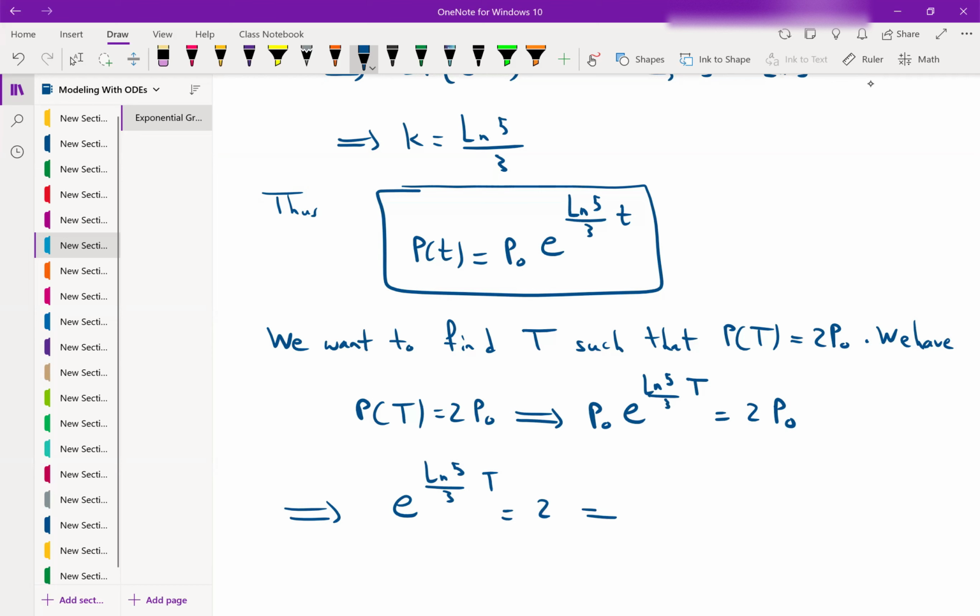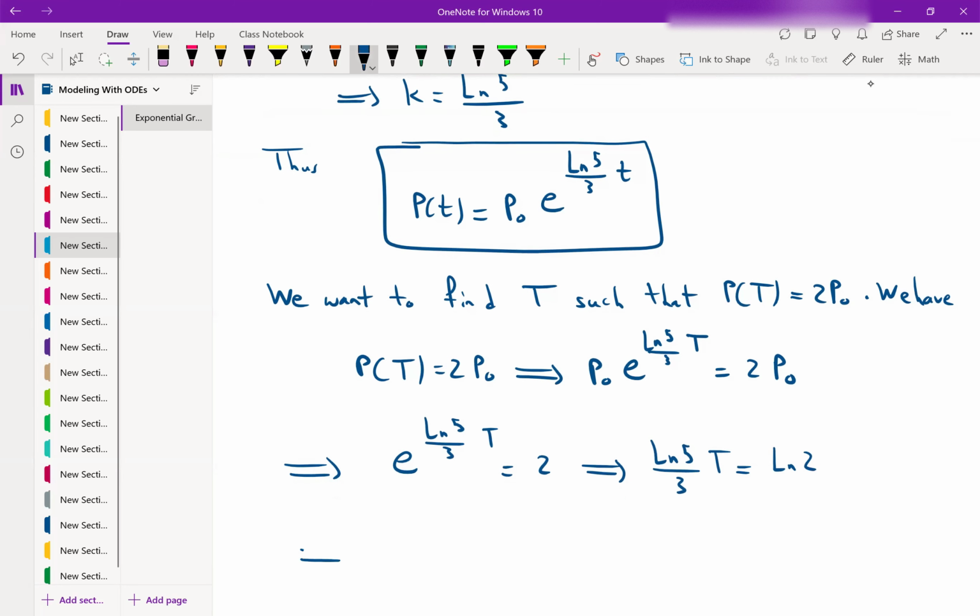And again, I'm going to apply natural log to both sides because the unknown is in the exponent. If I apply the natural log to the left-hand side, that will give me ln 5 over 3 times T. And if I apply natural log to the right-hand side, I will get ln 2. So that means that T, the doubling time, is equal to 3 ln 2 divided by ln 5.